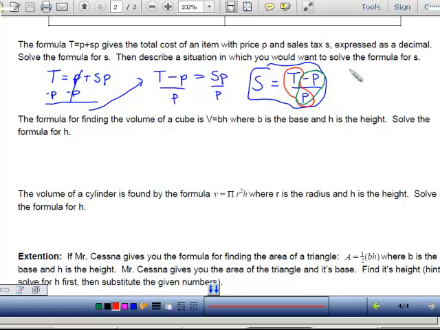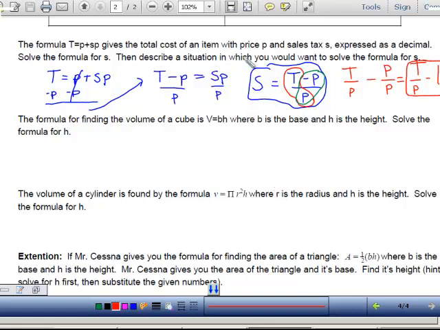When I do that, I'm left with T over P minus P over P. P divided by P is just 1. So I'm left with T over P minus 1. And that's how you figure out your sales tax.